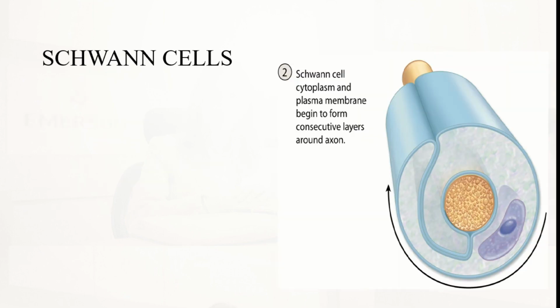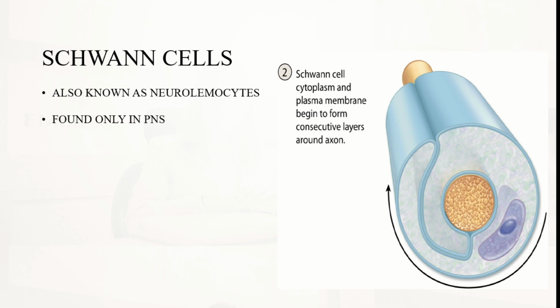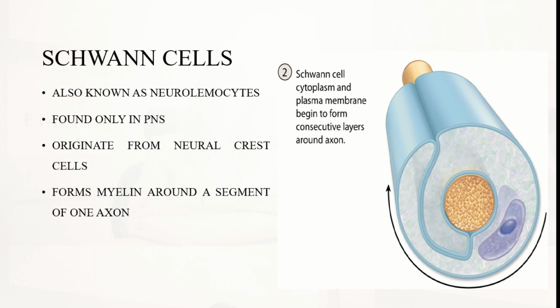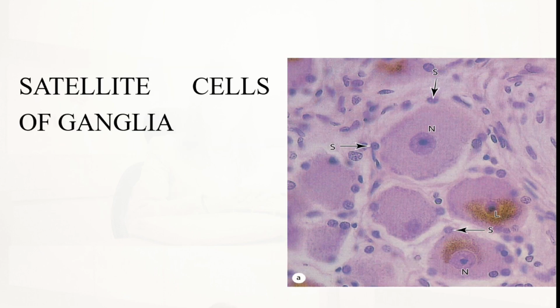Then we have the Schwann cells. In a Schwann cell, the cytoplasm and plasma membrane begin to form consecutive layers around the axon. Schwann cells are also known as neurolemmocytes. They are found only in the peripheral nervous system, and they originate from neural crest cells, and they form the myelin around a segment of one axon.